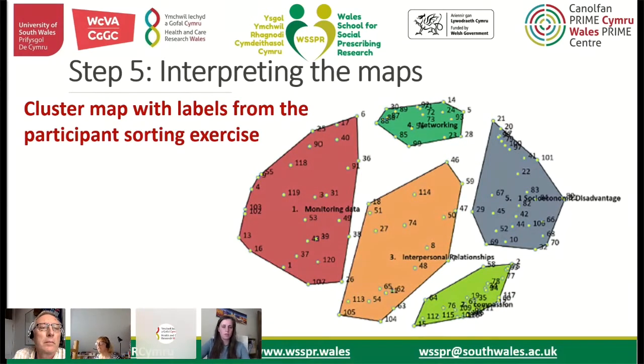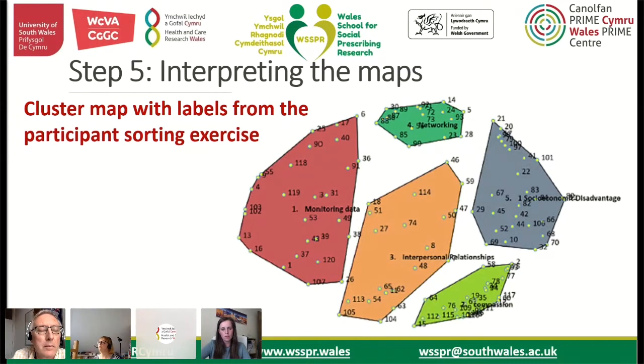And here's the cluster map with the labels from the participant sorting exercise. You can see where we've got these clusters where they developed. If you recall just now where I mentioned 20 and 21 are within the socioeconomic disadvantage cluster.